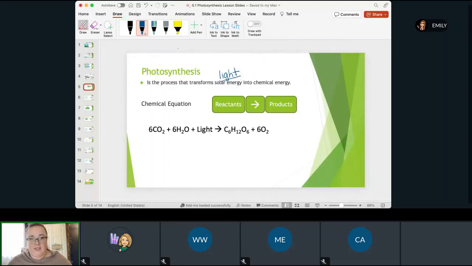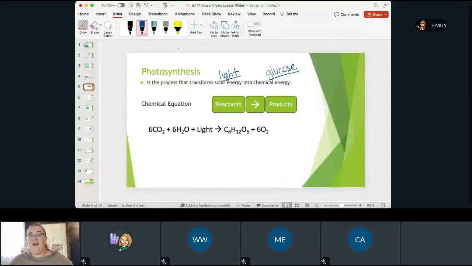Okay, that's where light comes in, into chemical energy. Now, chemical energy is going to be stored as something that we have talked about quite a bit in the last couple of units. It's going to store this as glucose. Okay, it's going to store it as a sugar.